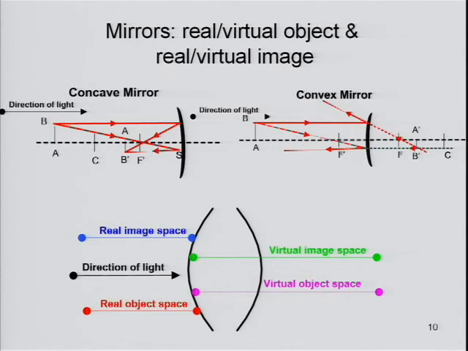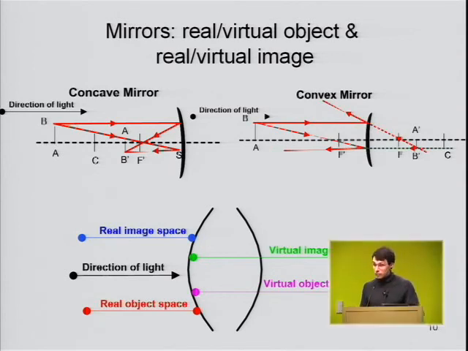So all this reflected beam of light seems, as in the case of the concave lens, to come from a point B prime, which is in this case located on the other side of my convex mirror. So B prime is also the image, but it's called a virtual image.